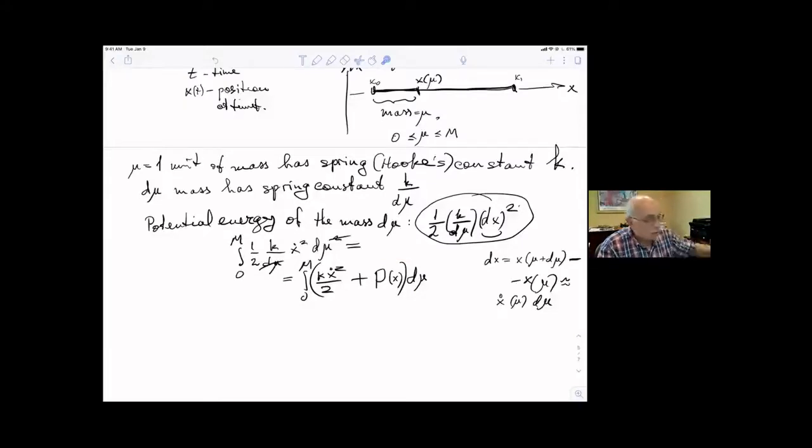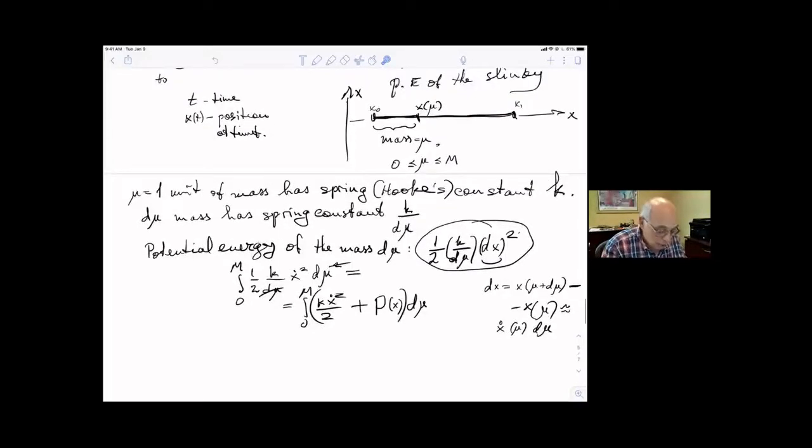It's the equilibrium of the slinky, right? And in equilibrium, I can just write the balance. So here's the picture. Here's my spring. I can write the force up, the force down, and the gravity. So these three things. So the force up turns out to be x dot times k force, and this is at mu plus d mu.